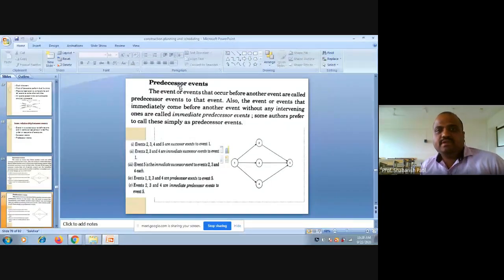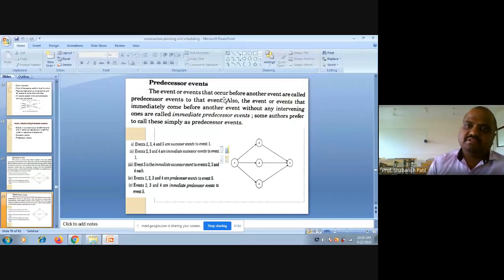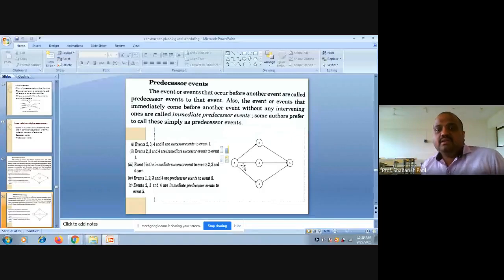In the same way, predecessor events. The events which occur before another event are called predecessor events. Okay. Now, as far as event 1 is considered, previous to event 1, there are no predecessor events. But as far as 2, 3, 4, and 5 are considered, for these 4 events, event 1 is before these events.